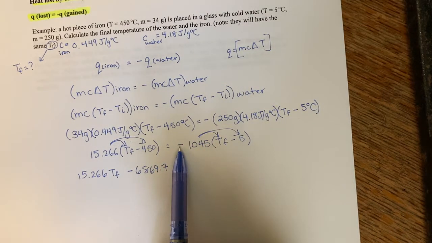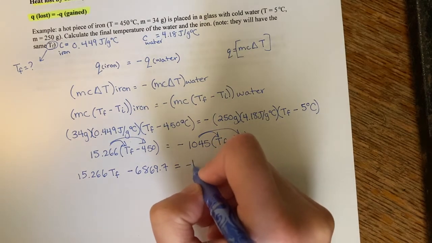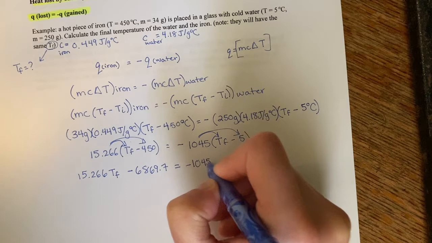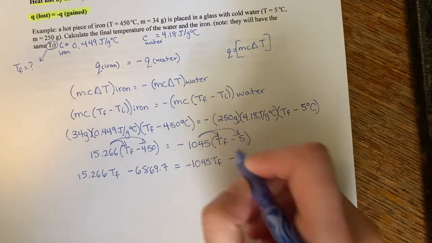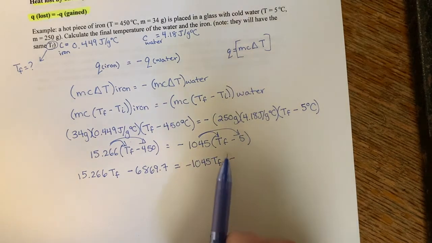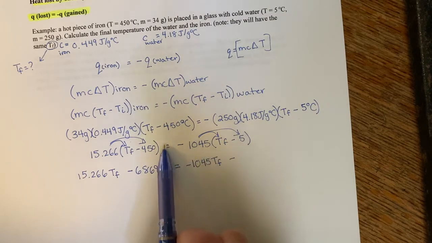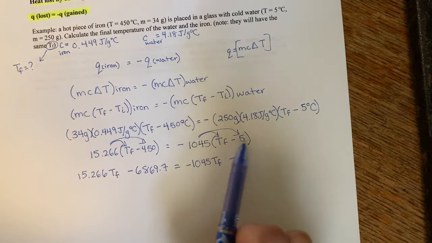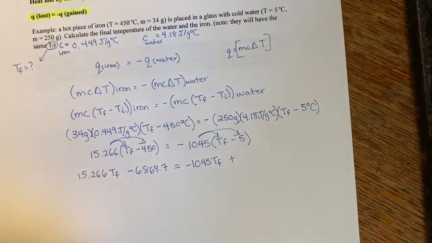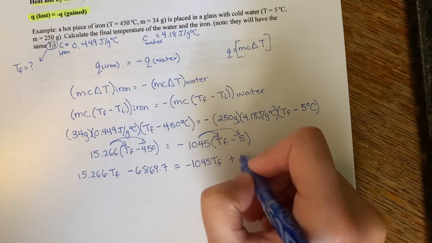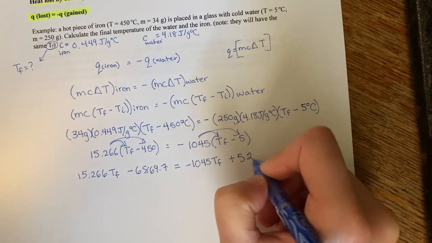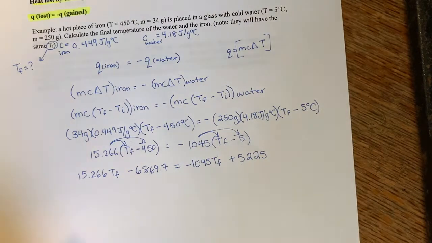And then on our water side, this negative 1045 is going to multiply in, so negative 1045 T final minus, now watch the minus here because it's minus 5, so we've got negative 1045 multiplying by minus 5, so this is going to end up giving us a positive number here, so positive 5,225.